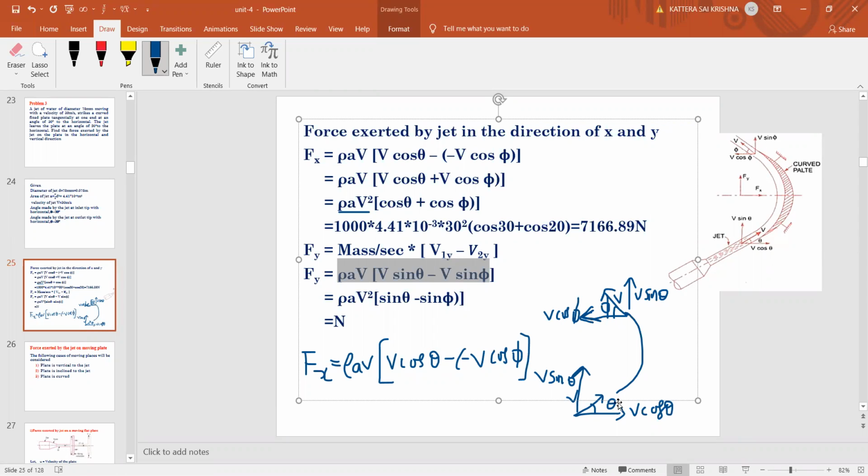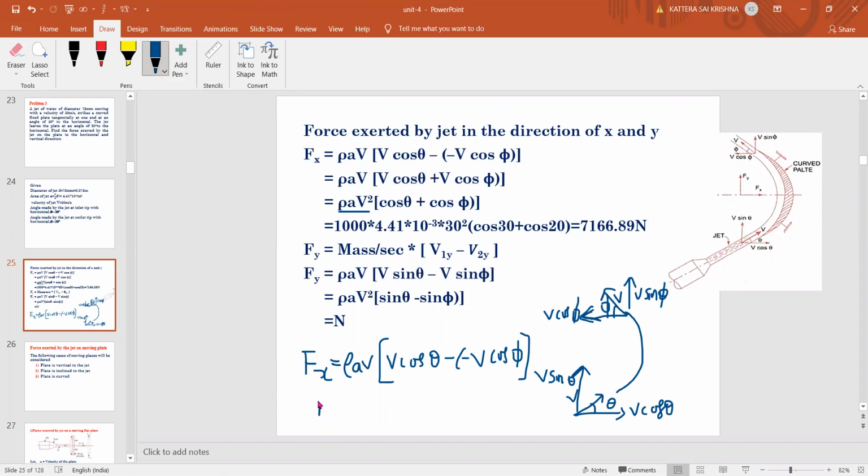At the inlet tip, the initial velocity in y direction is V sine theta, minus the final velocity in y direction, V sine phi.